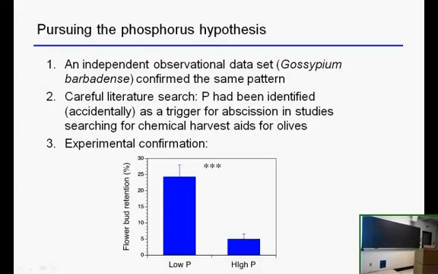So work that was actually done here in the agronomy department, where they were searching for a chemical harvest aid for olives. They wanted to figure out a good way to mechanically harvest olives. So they were snipping off the tips of olive branches, sticking them in little water picks and spraying different things on those chopped off branches to see what would enhance the abscission of the olive fruit.